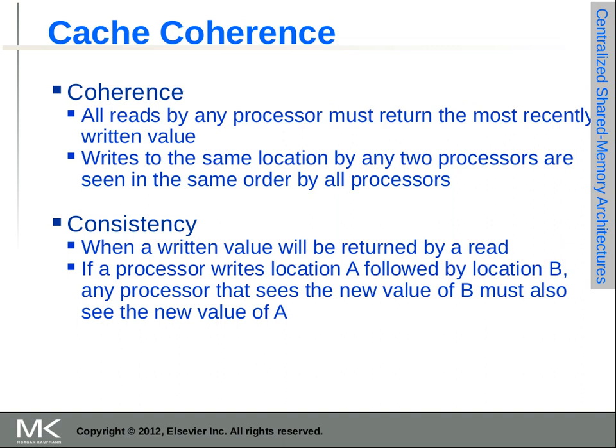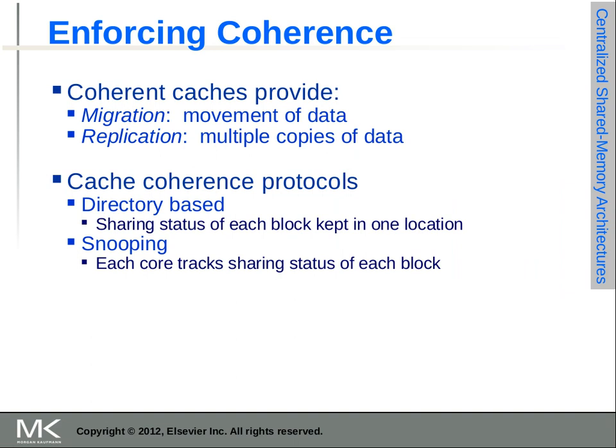If a processor writes location A followed by location B, any processor that sees the new value of B must also see the new value of A. In other words, think of it as a sequential line. You're not jumping around when reading. It has to be in order. The coherence ends up being, well, the consistency is important, but the coherence is the bigger problem.